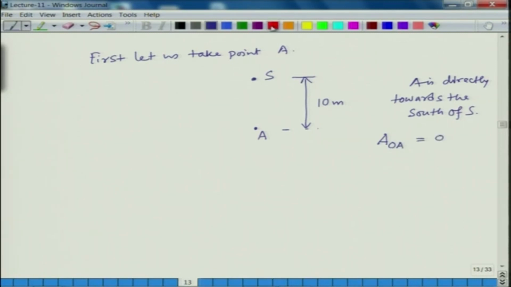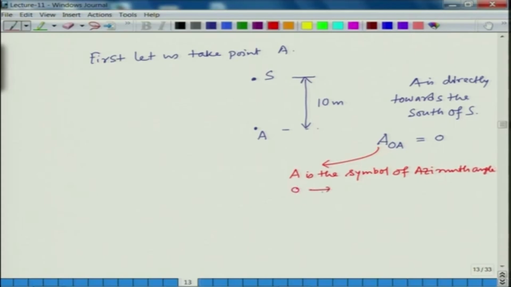Okay. So, let me just specify what we mean by this symbol. This capital A is the symbol of azimuth angle. Okay.